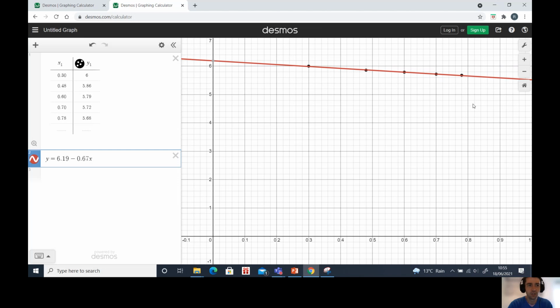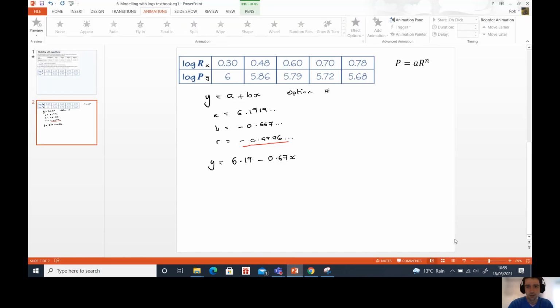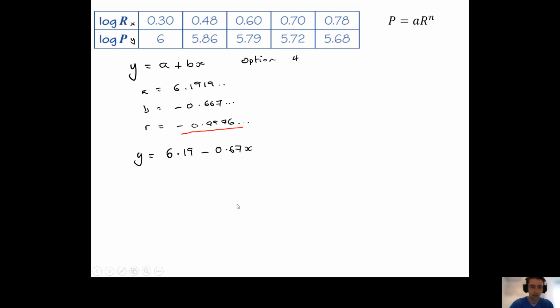So the relationship between log p and log r I found to be a linear relationship, which is great. Just coming back in here then, what I need to realize is that although I've used y and x for my axes in Desmos, what this is actually relating to is that the y-axis represents log p, and the x-axis is represented by log r.